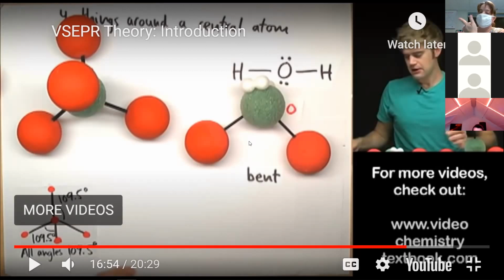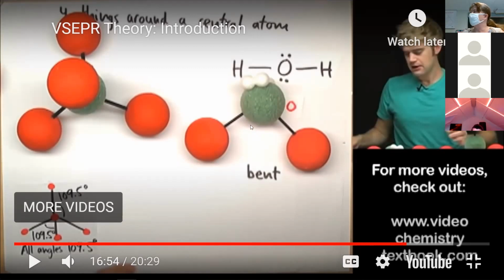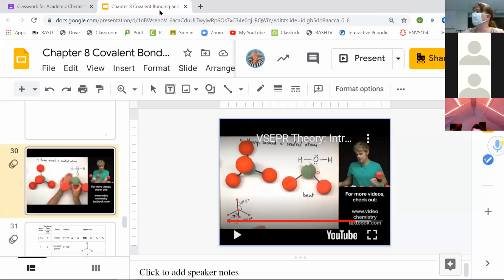So let's now go to the table that you're going to use to help you figure out the shape based on the correct Lewis drawing. The one I have in the PowerPoint still has numbers in the second column, but I'll refer to yes or no so you know how that relates to the other table I included in Google Classroom.